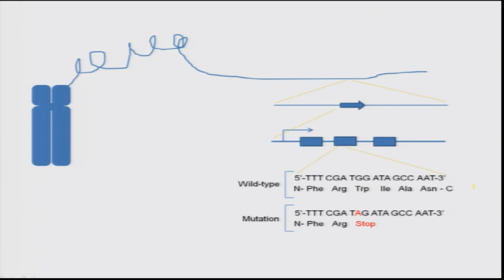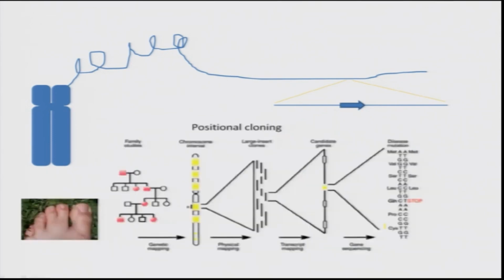For example, the G is converted to A. As a result, instead of the amino acid tryptophan, you have a stop codon. The peptide is truncated and it cannot make the protein. I am just giving an example; it is not necessarily the mutation that causes the condition you have seen.